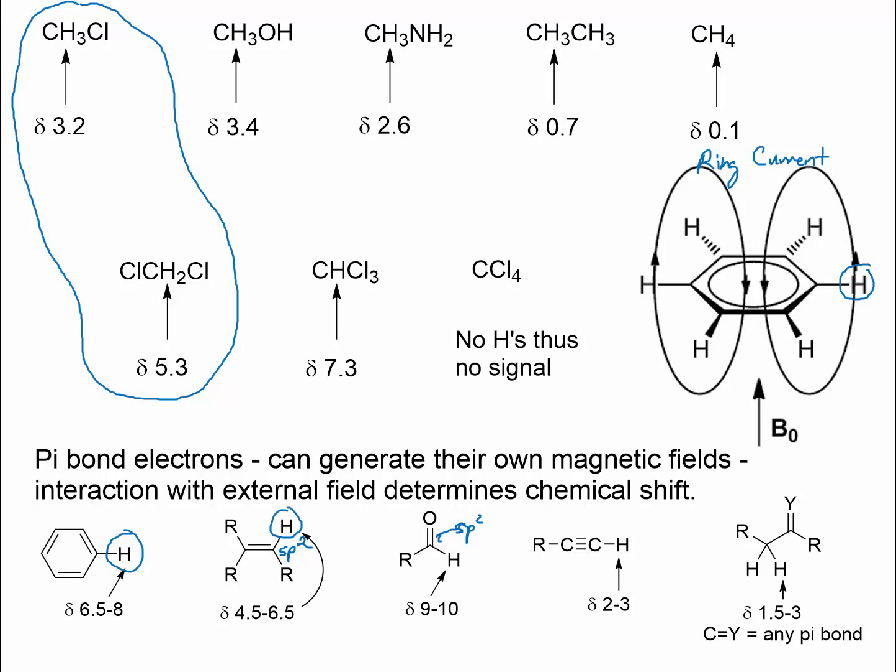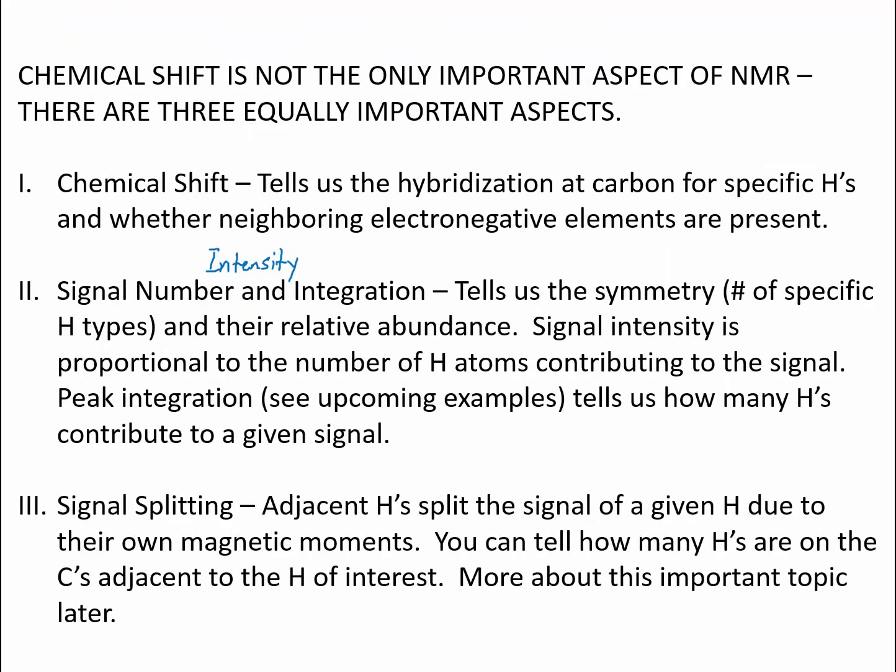We're more interested, however, in the ratios within the molecule, not between 2 separate molecules, but you can use that to determine how much of something is present as well.